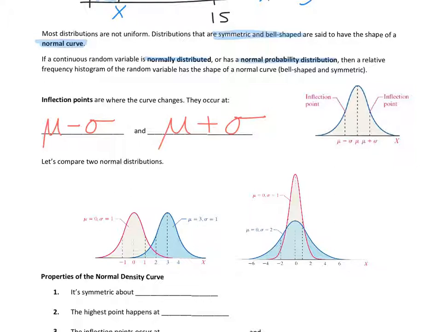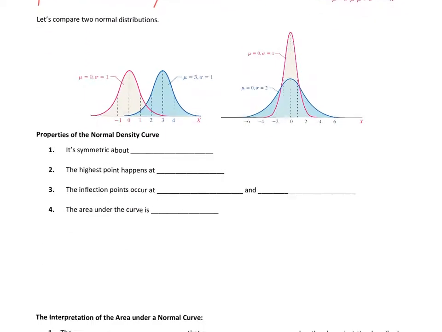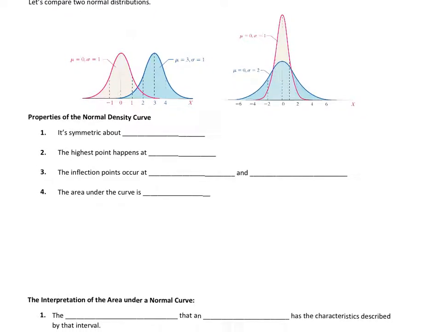So let's compare two normal distributions. So this first one on the left, notice our means are different, so that would shift the curve horizontally. The standard deviations are the same, so it does have the same spread. These two curves have the same spread, but they're just shifted.